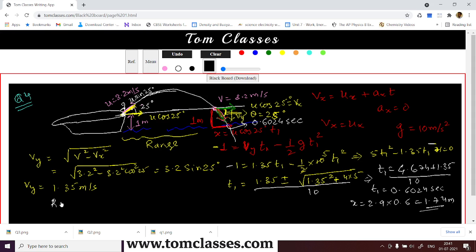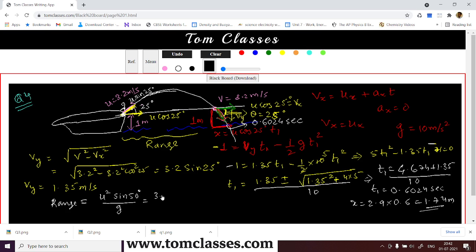What is the range? Range is always given by u square sine 50 degree upon g, right? Yes, it is going to be that. So what is this value?